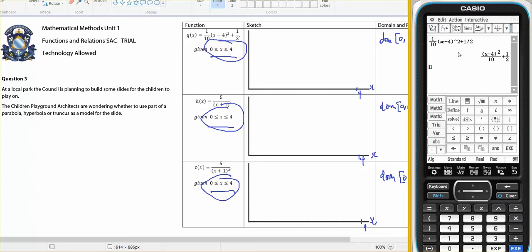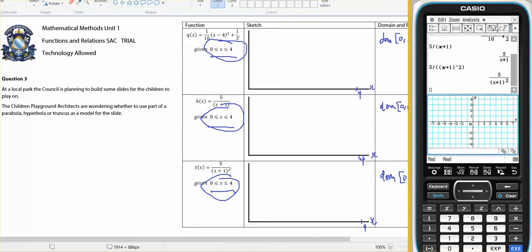EXE, yep, that's what it looks like. I've got 5 divided by bracket x plus 1. Yep, and on the bottom it's squared, so I put an extra bracket around it, otherwise it will square the final answer, not what I'm after. Double check, that's beautiful. I'm going to bring up my window.